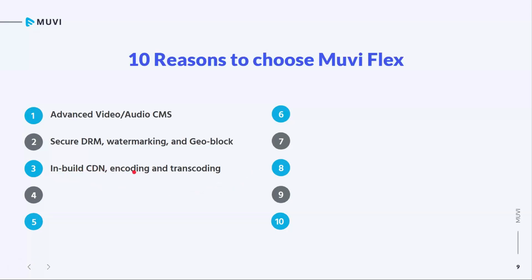Encoding and transcoding, as in when you upload a video, it is not optimal for streaming, right? So it needs to be encoded. Encoding will ensure that the video or the audio or the content that you upload will be optimized for streaming, and it will be broken down into different resolutions, bit rates, everything, and that is transcoding. So basically, encoding and transcoding will ensure that whatever content you host will be streamed in the best possible way.